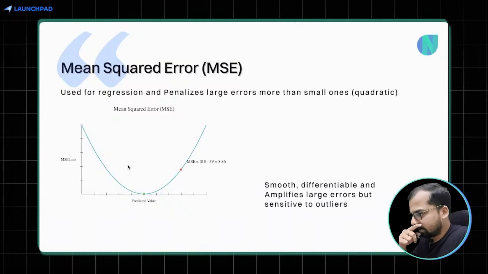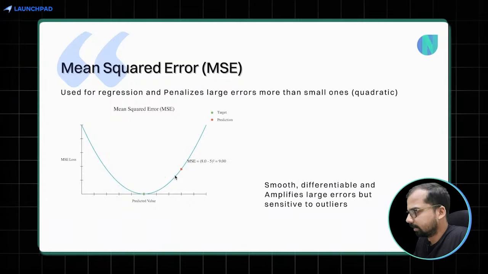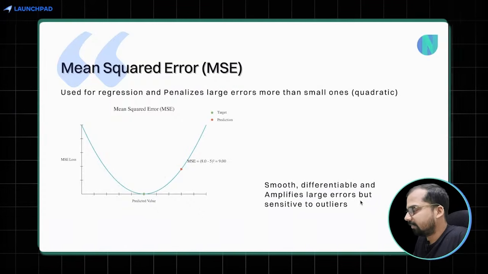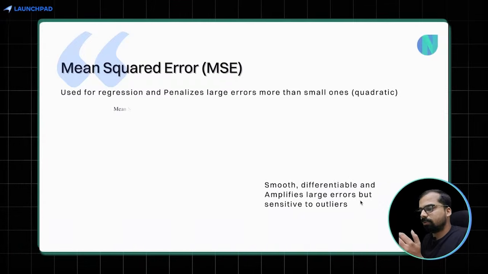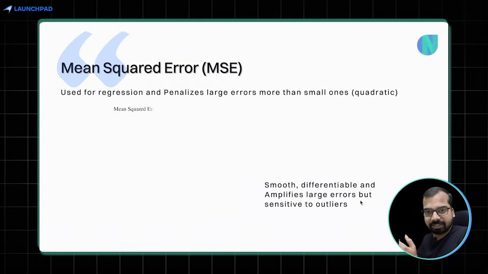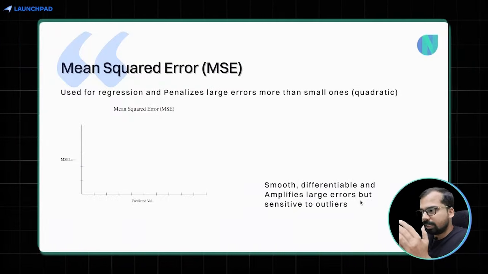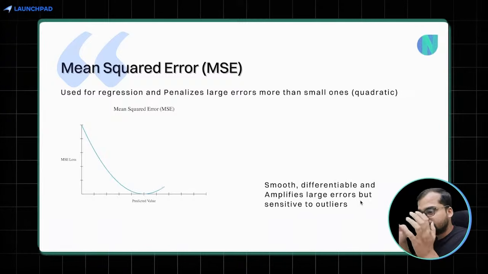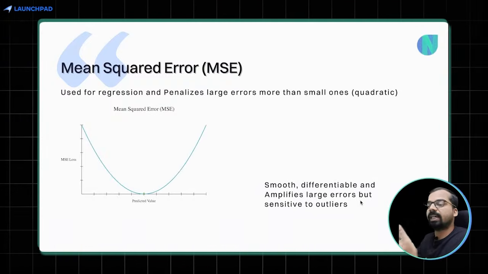Because it is squared, it gives a parabola sort of shape. It is very smooth. It is differentiable. But the problem with mean squared error is that because you are squaring the difference between actual and predicted, if the difference is very huge, and you're squaring it also, the impact is more.